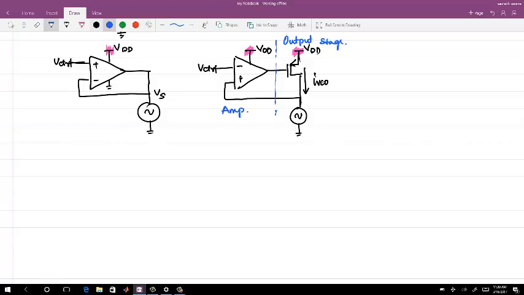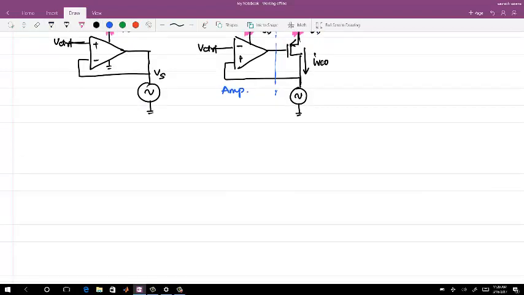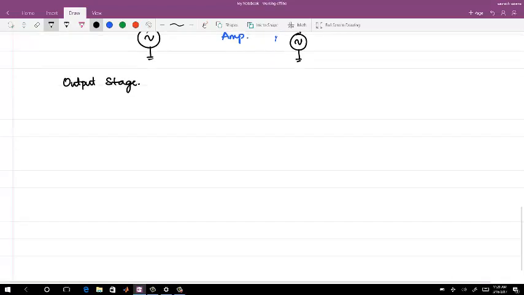Why do we break it into two parts? Because it very much depends on what kind of amplifier and output stage you are going to use. So let's look at them one by one. The output stage can be of two kinds: a PMOS output and an NMOS output.